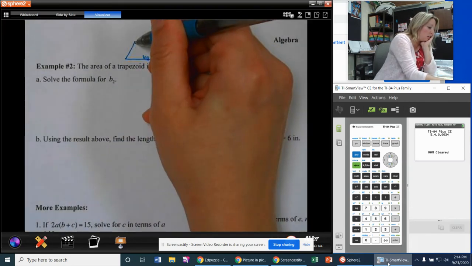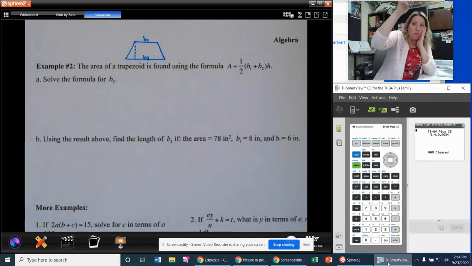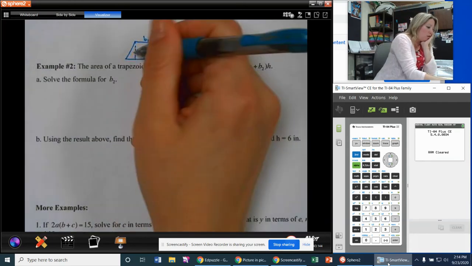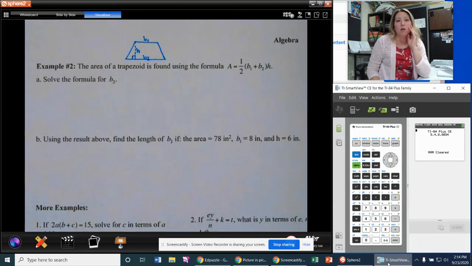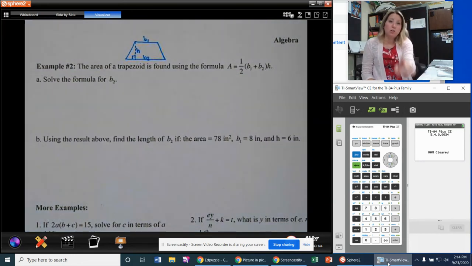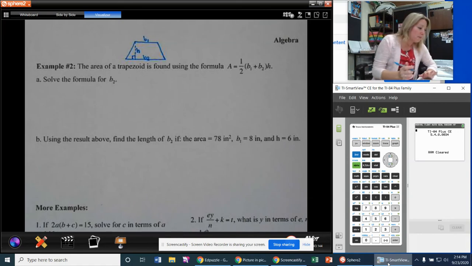And the height is from base 1 straight down, creating a right angle with base 2. So that's what a trapezoid looks like. Those are the pieces. The area is all that's covered on the inside of the trapezoid.